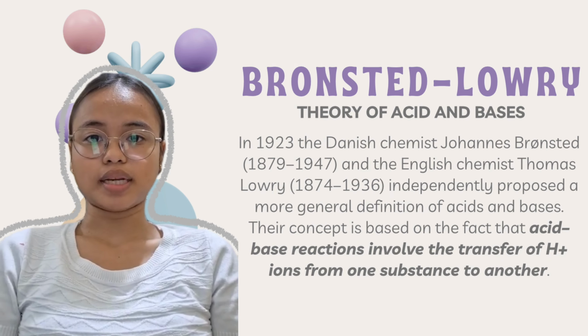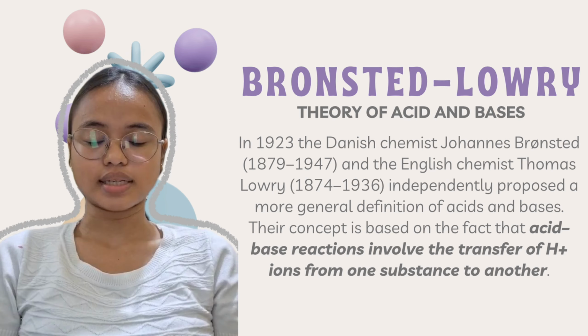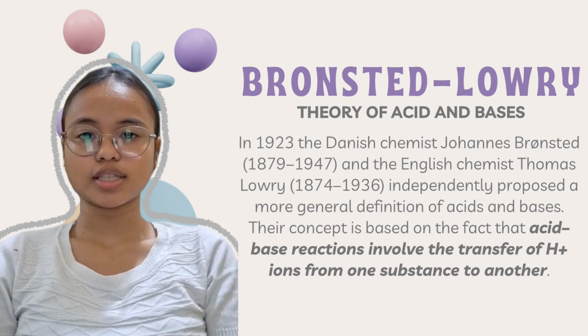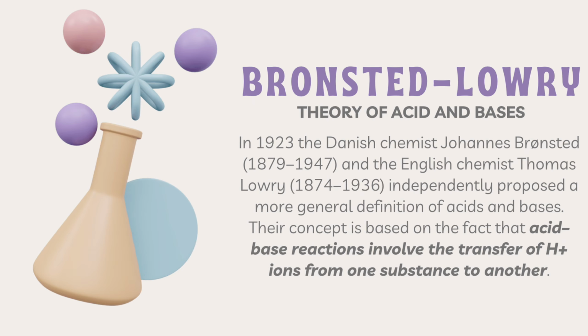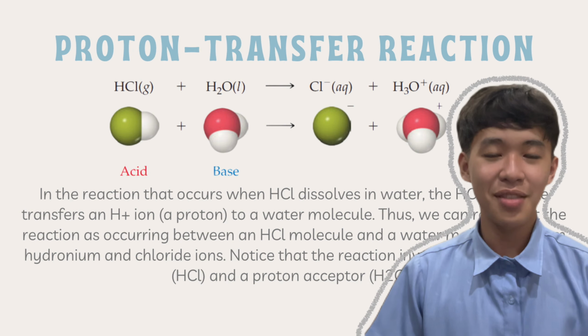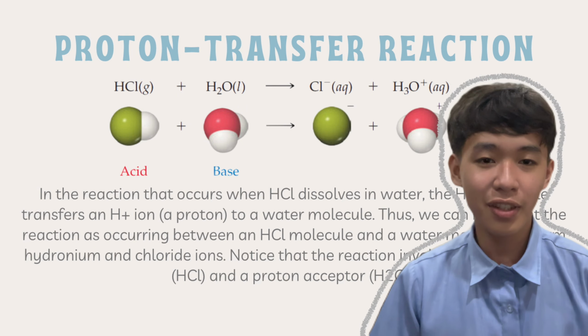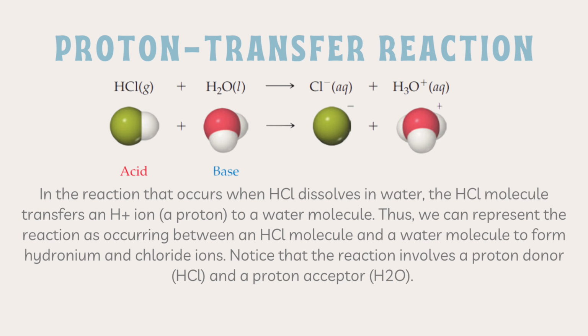This is important because it highlights the behavior of acids and bases in aqueous solution, which is fundamental in understanding chemical reactivity and pH. The proton transfer reaction. This example explains a proton transfer reaction, specifically the reaction between hydrogen chloride and water.